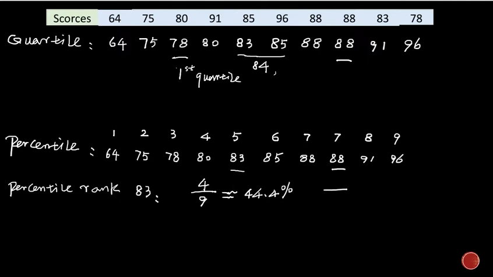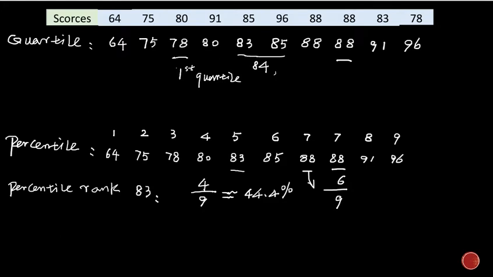So it is 6 over 9. This is how we calculate the percentile rank of score 88.